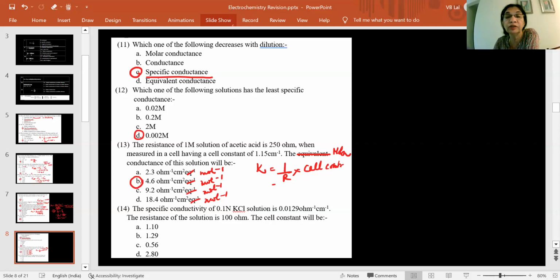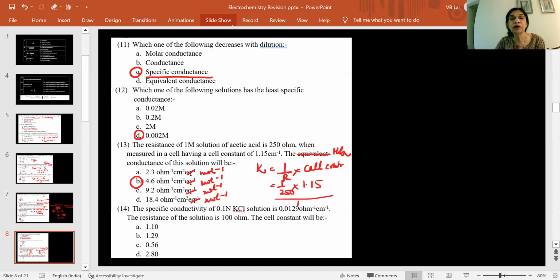So you can find it is equal to 1 by 250 into 1.15, right? And then divide that whole thing by the molarity of the solution, that is 1. So it is 1.15 divided by 250.